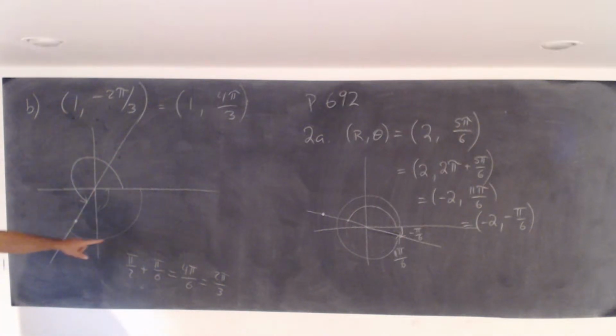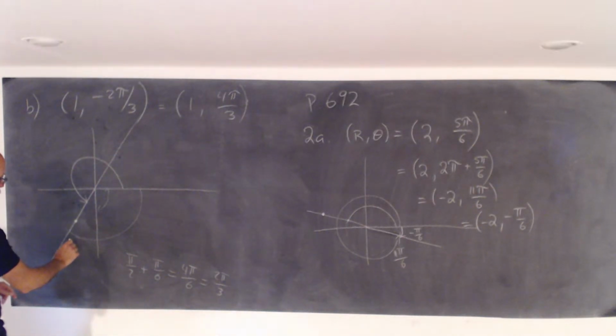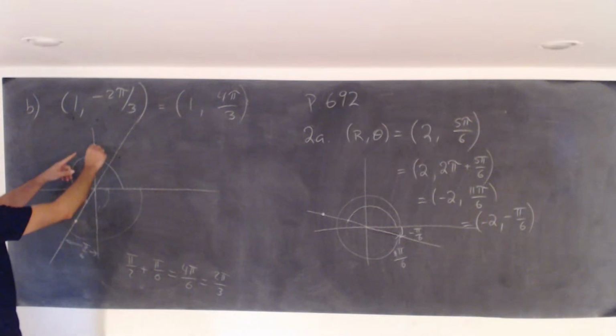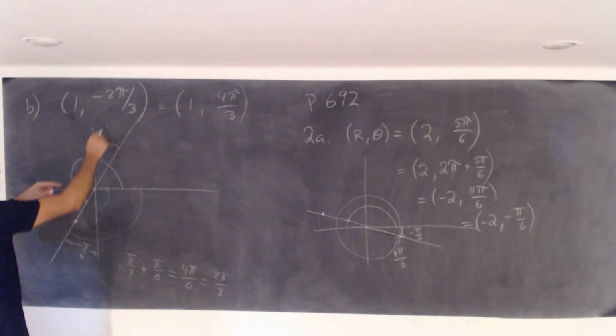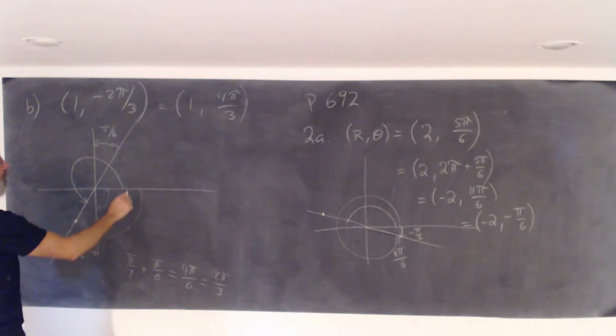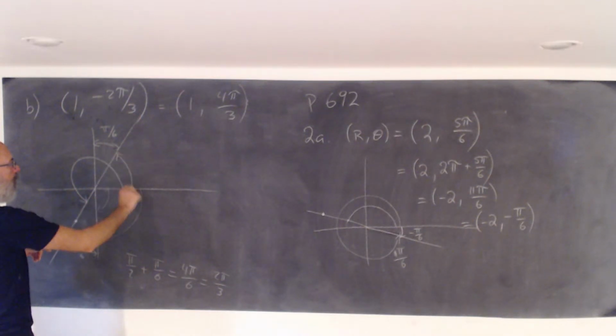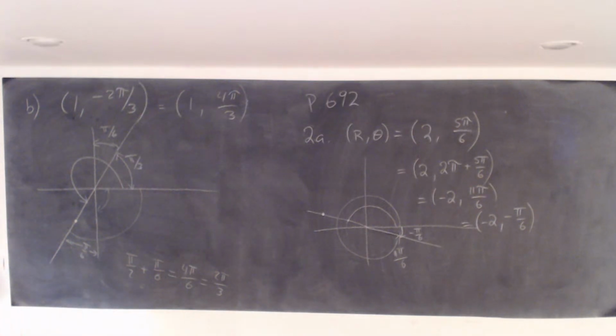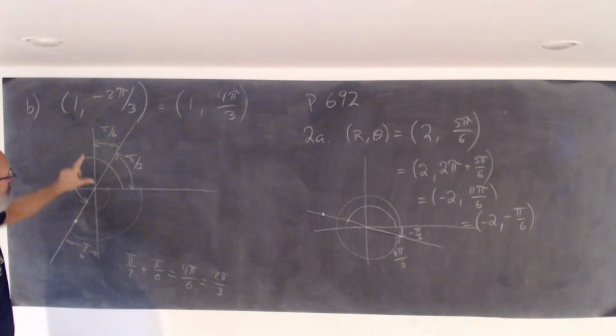So that's what we have. So this angle is pi over 6, so this angle has to be pi over 3. Here we go. Right, because pi over 3 plus pi over 6 gives you pi over 2.